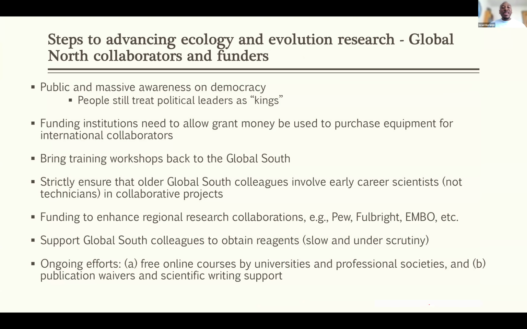Number one, we need a public and massive awareness on what is called democracy. Many people say, well, we vote for this, we vote for that person. But in Africa, we used to have a lot of traditional institutions. For many, many millennia and generations, people were governed by kings, by traditional institutions.